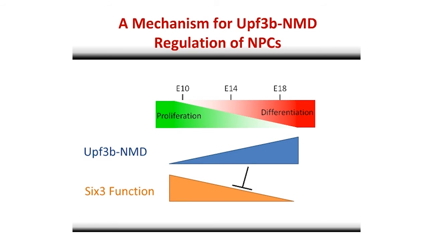We also think that part of this mechanism involves 6-3. Of course, there'll be many other genes which the NMD pathway will target, so this is not the whole story, but we think together the cassette of genes that the NMD pathway is controlling is really shaping the transcriptome of these cells in a way that's more conducive to the differentiated state.